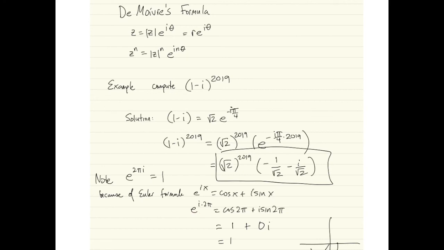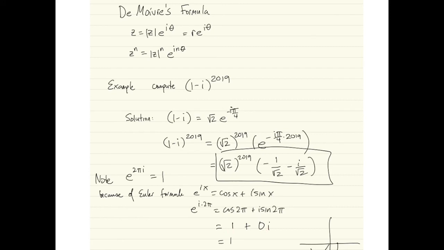Well, Euler's formula says take the 2 pi and plug it into cosine, plug it into sine, and put an i on the sine bit. Cosine of 2 pi is 1, sine of 2 pi is 0, because 2 pi corresponds to 360 degrees. If you look at your unit circle, you do a full rotation of 360 degrees from the positive x-axis, which means you're back on the unit circle at the point (1, 0). That's how you get 1 here and 0 here. So e to the 2 pi i is equal to 1.